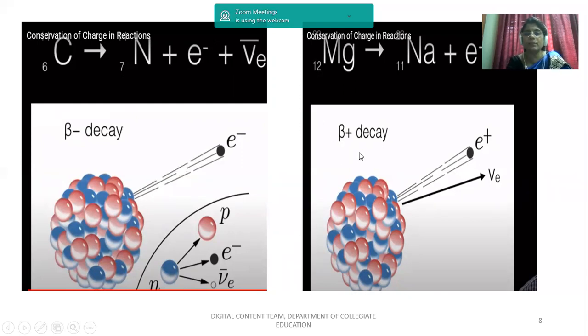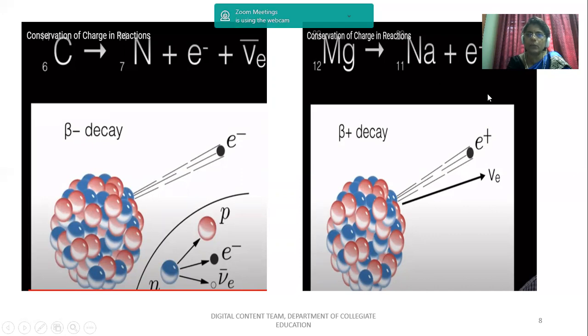Similarly, if you consider the beta plus decay process, that is the positive beta decay process, in this example you can see magnesium, whose atomic number is 12 and mass number is 23, gets converted to sodium with atomic number 11 and mass number 23, along with the release of a positron, e plus, and a positive electron neutrino, that is, without the bar you are writing the electron neutrino.